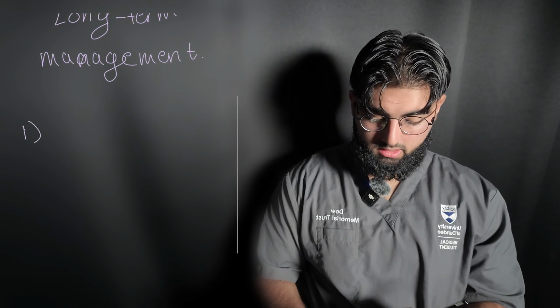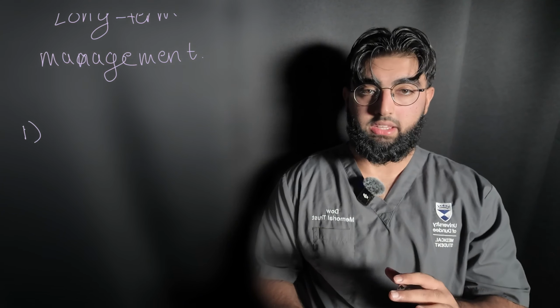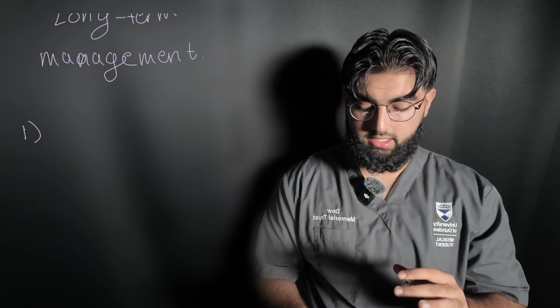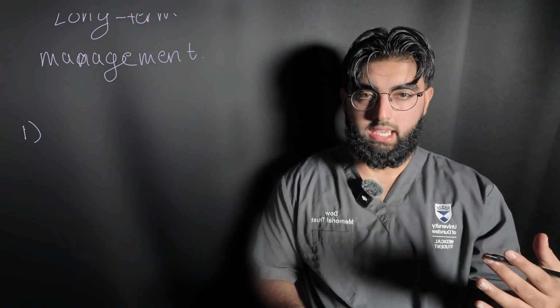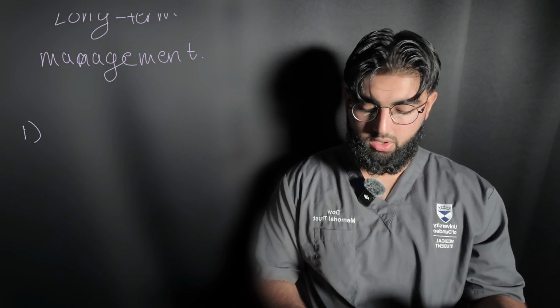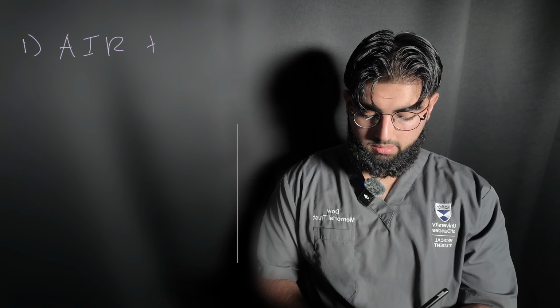Okay, so the very first thing that we can look at when managing asthma, bear in mind all these different management options are for patients who are over the age of 12 with a new diagnosis of asthma. So the very first thing that we can look at is something known as AIR therapy.